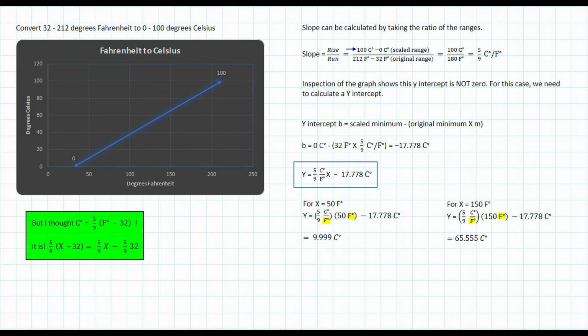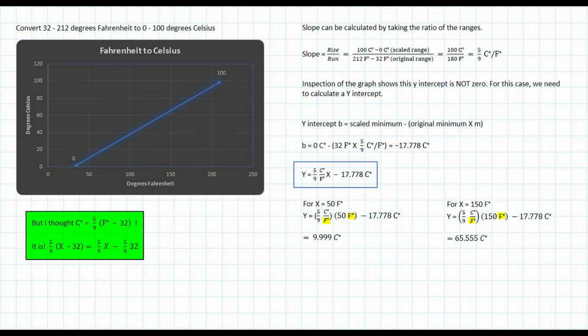This slope is the scaled range, 100 degrees Celsius minus 0 degrees Celsius, divided by the original range, 212 degrees Fahrenheit minus 32 degrees Fahrenheit. Performing the subtractions, we get 100 degrees C divided by 180 degrees F, which is the familiar ratio of 5/9 degrees C per degree F.